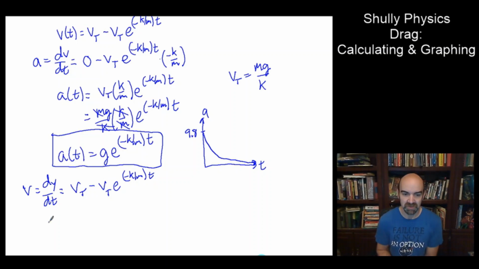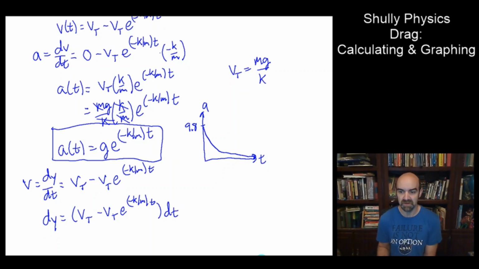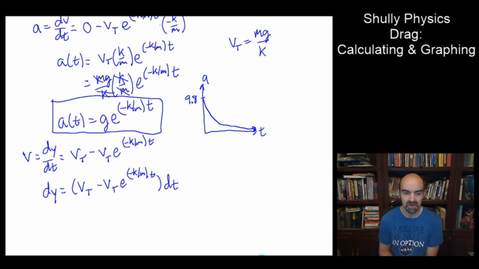So when we multiply both sides by dt, we get dy equals, parentheses, v_t minus v_t e to the negative k over m times time, dt. Since everything is good over here, we've got a dt and a t. There's no y's anywhere except on the left.